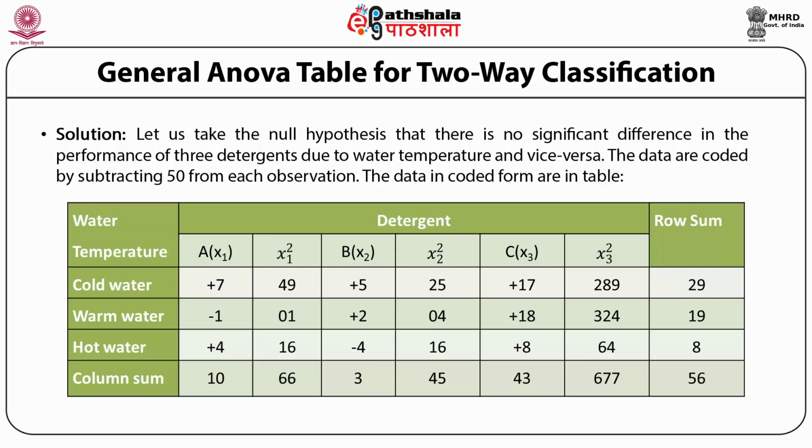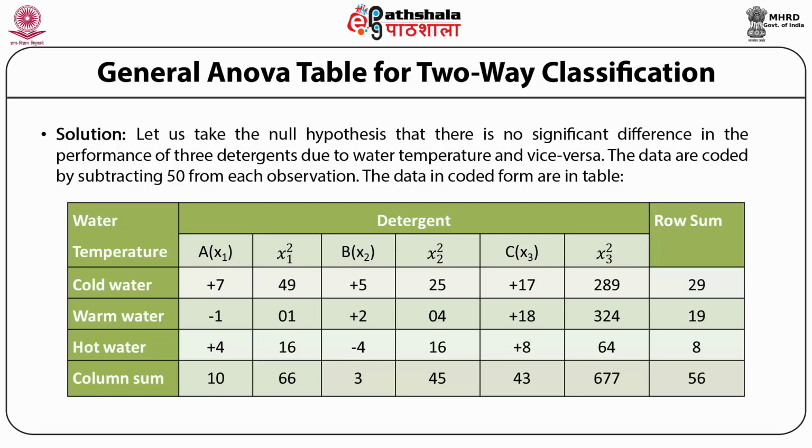You can see the values: 57 minus 50 is 7, and then 49 minus 50 is minus 1, and like that. And you can see the total of the A column, the column sum, is 10. If we square these values and find the sum of that, it comes out to be 66.